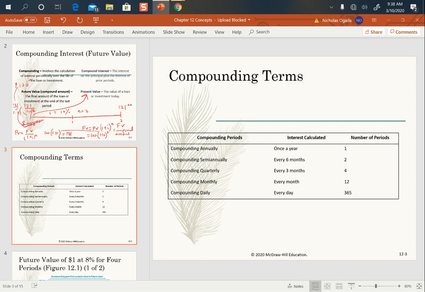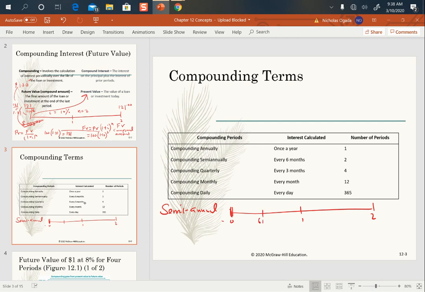However, if the compounding is on a semi-annual basis, which is every 6 months, and you have an investment that is running for 2 years, year 1 and year 2, then it means you're going to earn interest every 6 months. So this is period 0.